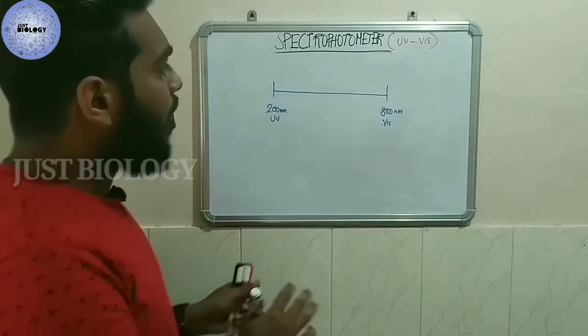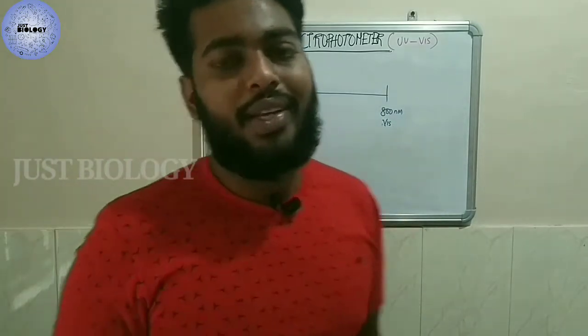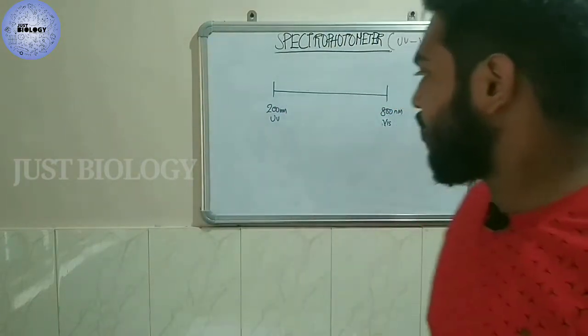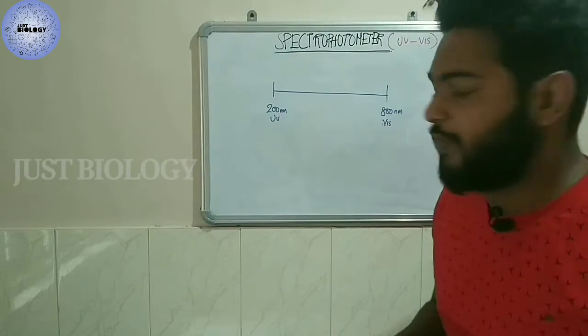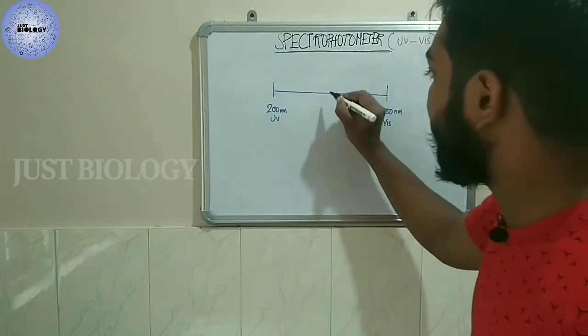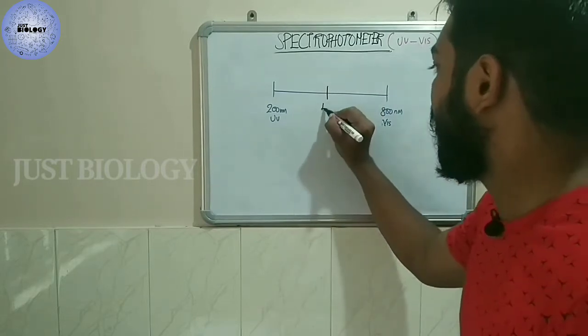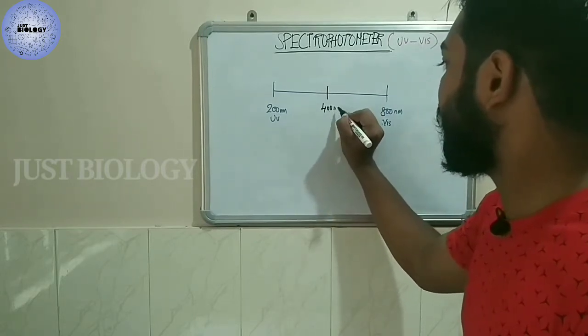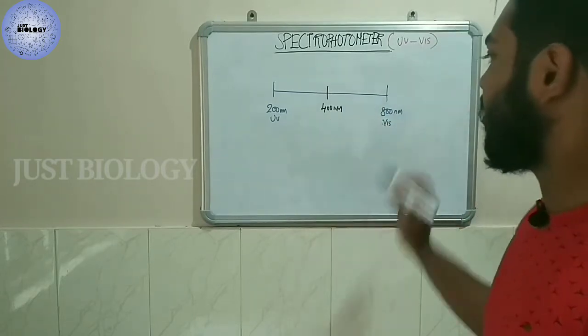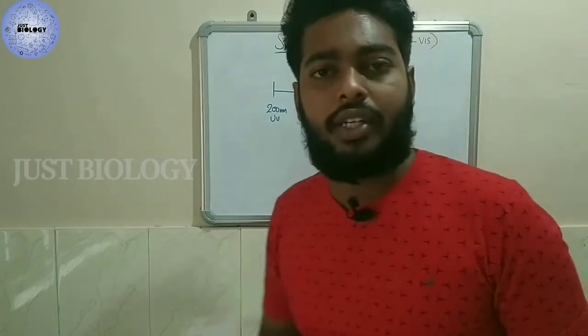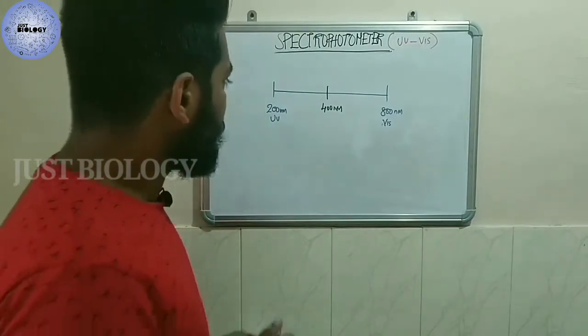Now what range gives the UV and what range gives the visible light? That is what we should know. So I'm going to make a partition here. Let's say this is 400 nanometers.